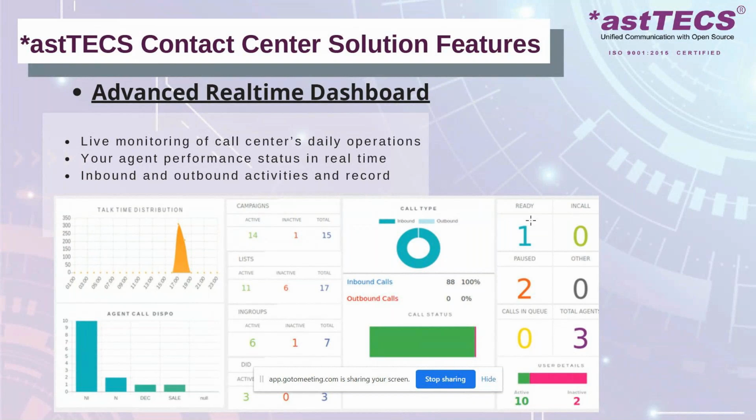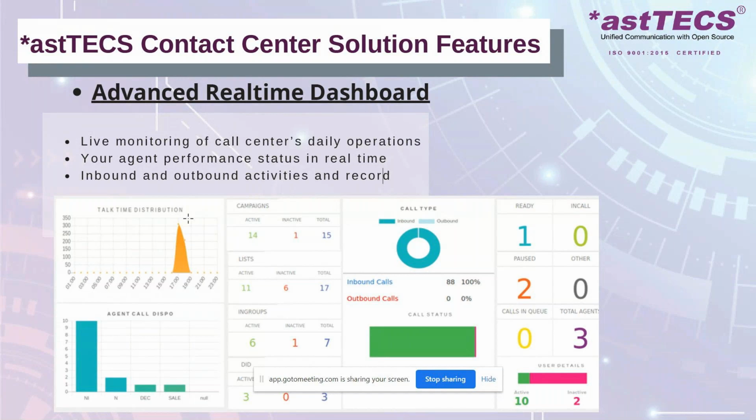You can see the talk time distribution. Is there a peak hour, is a shift to be planned accordingly? On your dashboard itself, you can see the dispositions, which disposition has a higher number of calls, how many campaigns are active, how many campaigns are not active at this moment, what are the least uploads, how many in-groups are active.